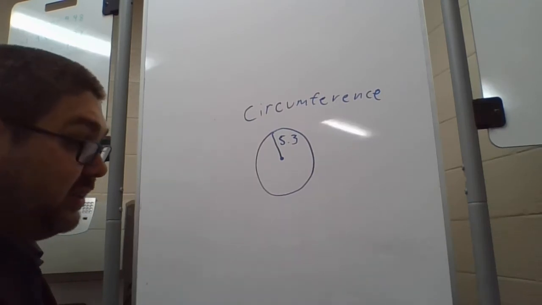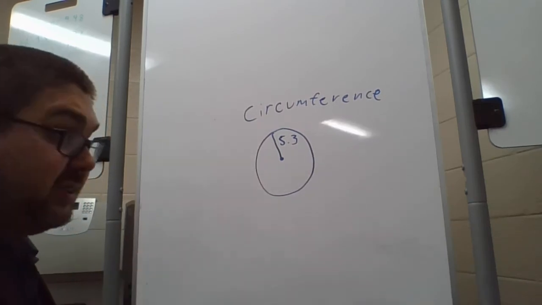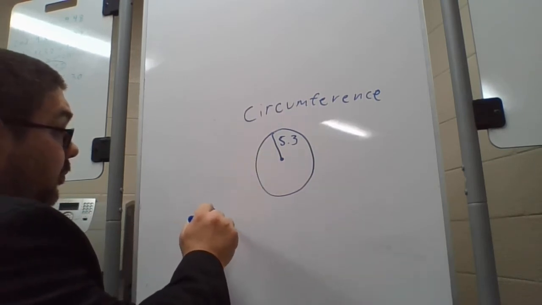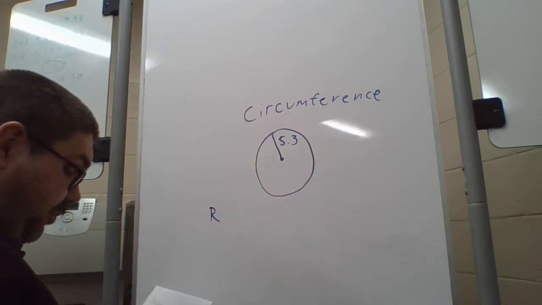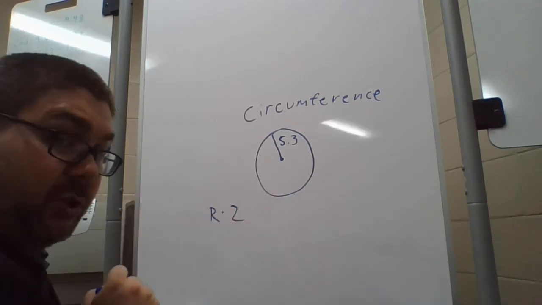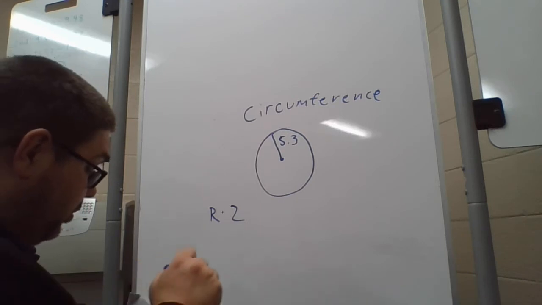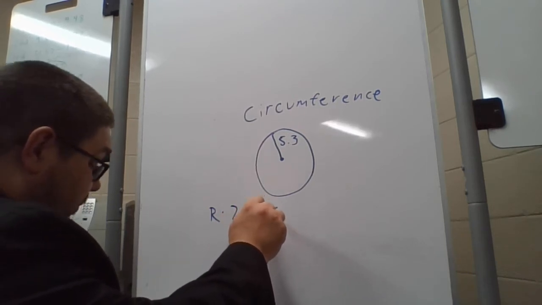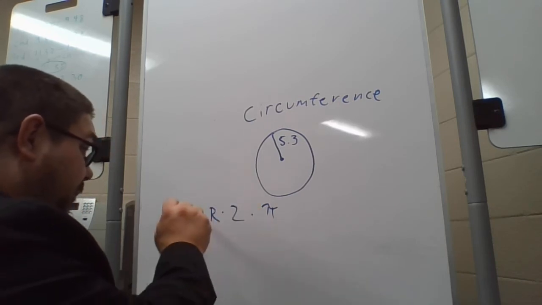Now to find this, we need a radius. This is our radius. And we need to multiply it by 2 and multiply it by pi.